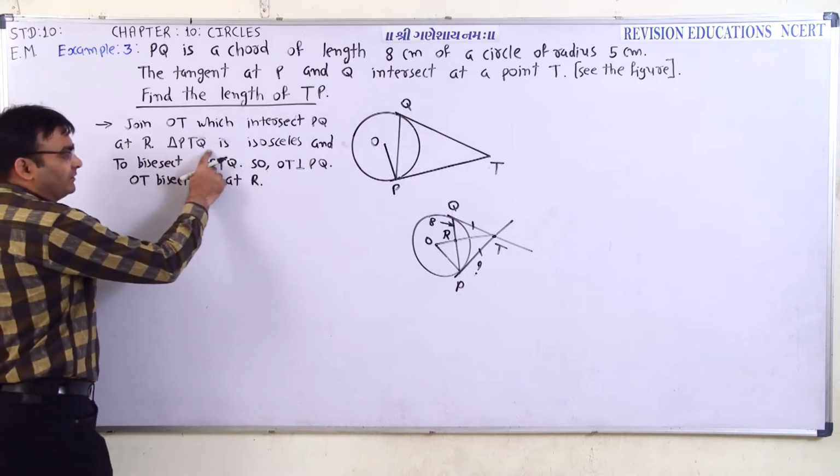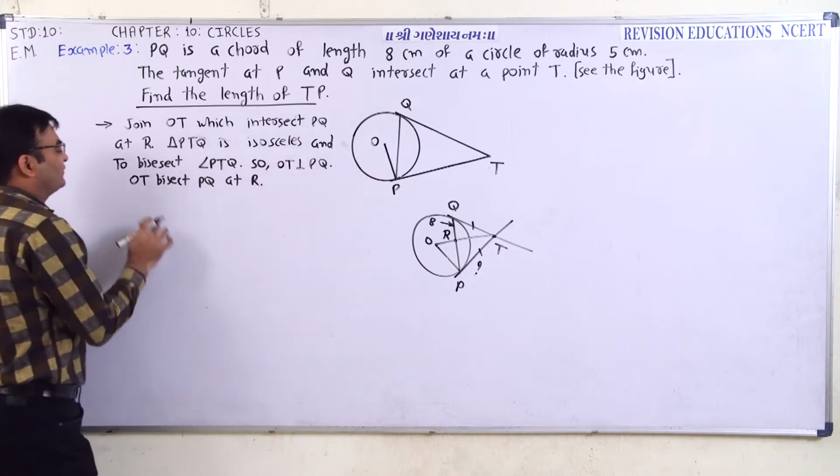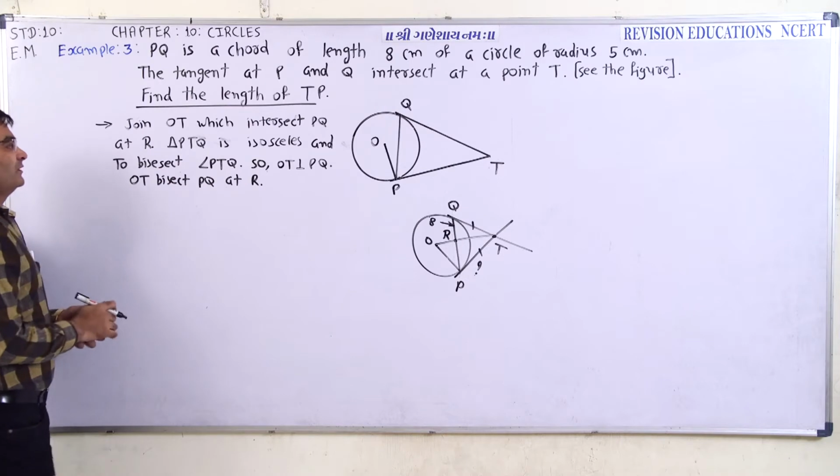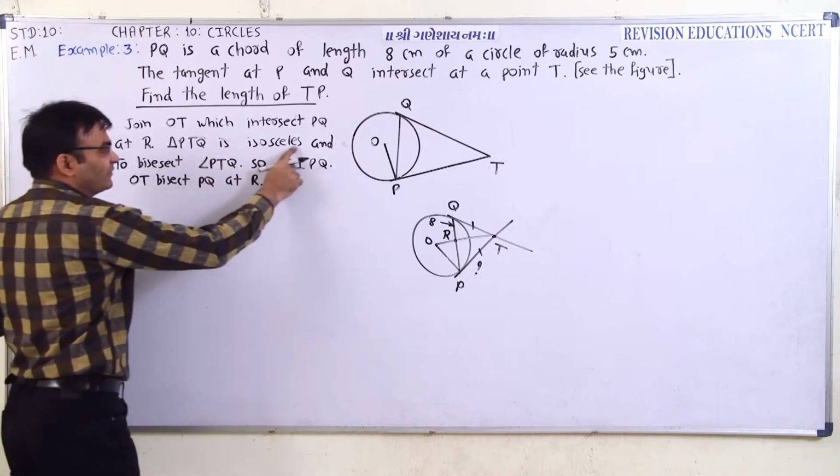In triangle PTQ, which is isosceles, OT bisects PQ.